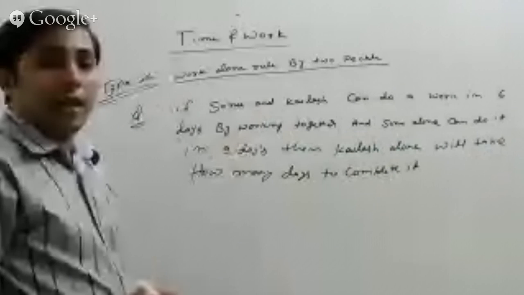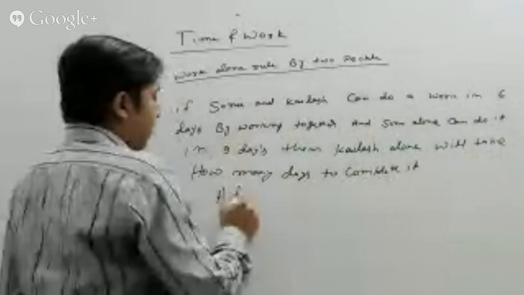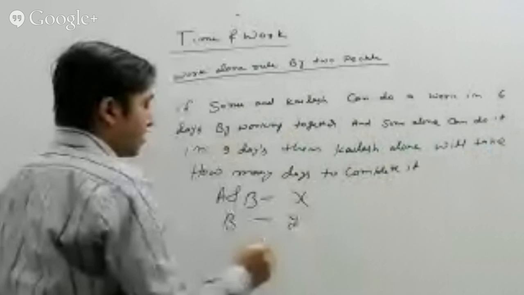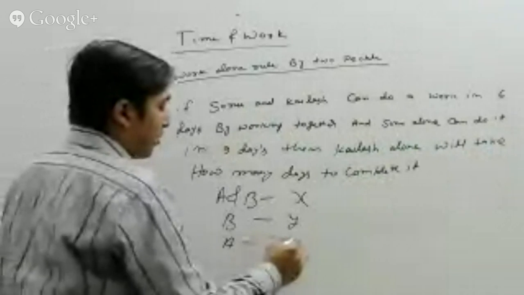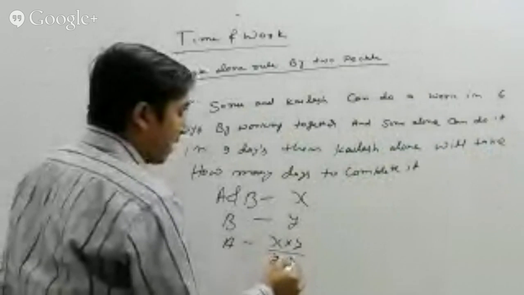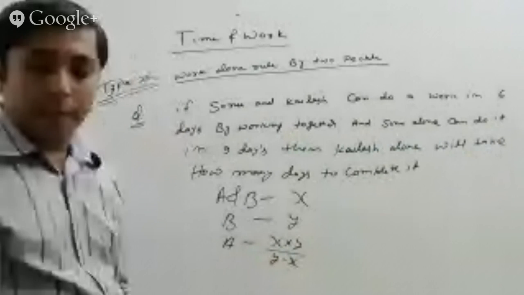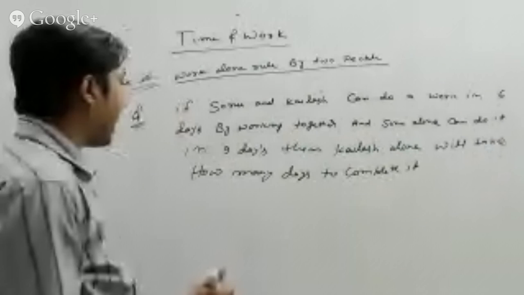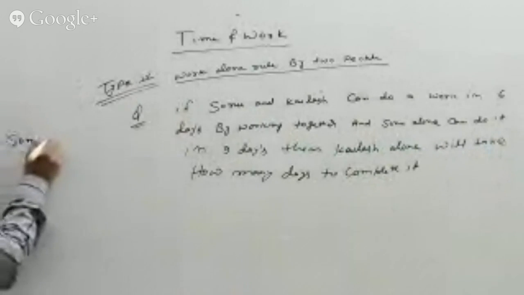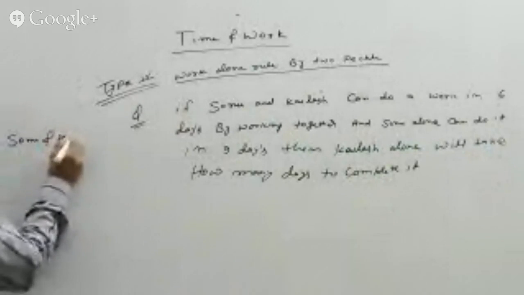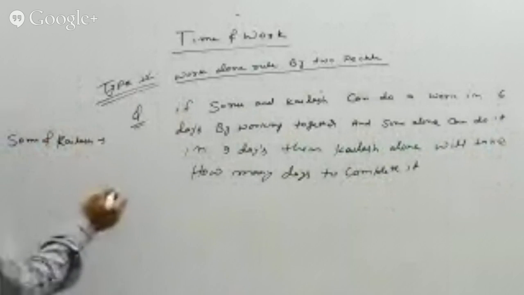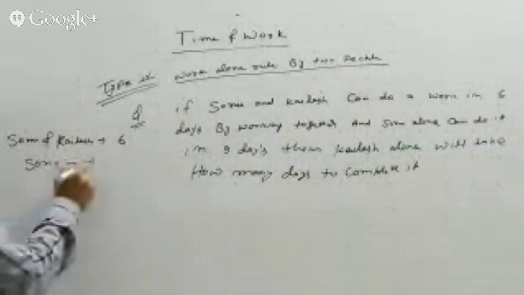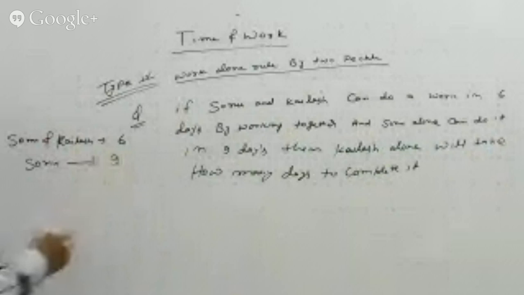We have a formula: if A and B can do a work in X days, B alone can do it in Y days, then A alone will take X into Y by Y minus X days. In this question, Sonu and Kailash can do it in 6 days, and Sonu alone can do it in 9 days.